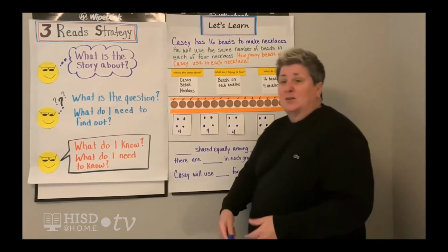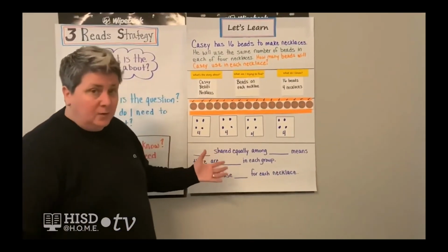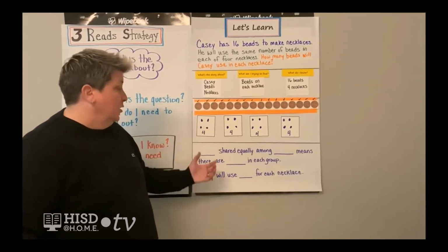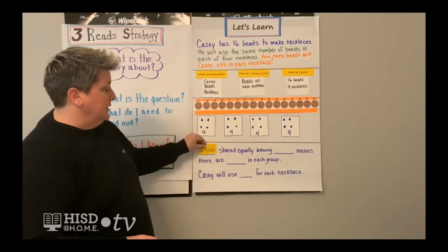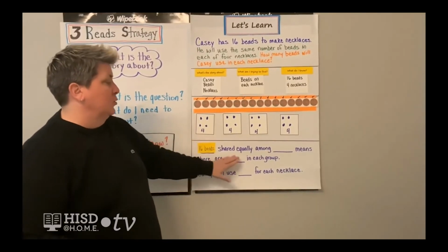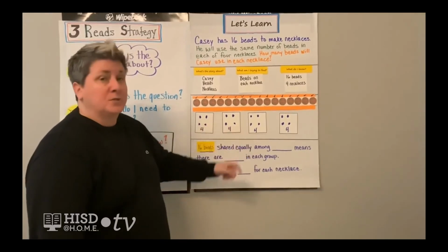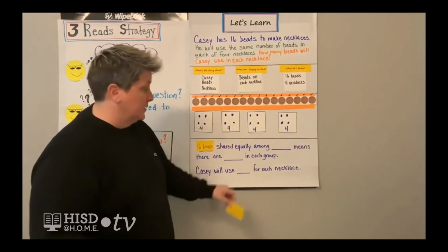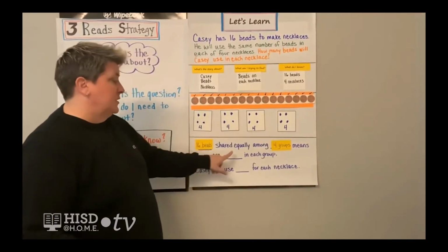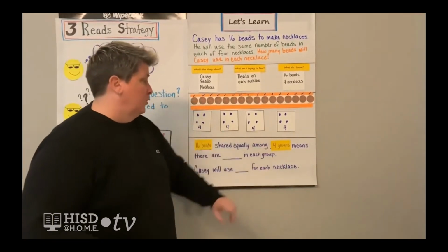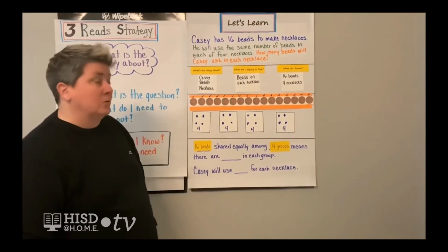So now let's take it one step further and let's describe what we just did. We know that Casey had 16 beads that were shared equally among how many groups? And our groups here would be our necklaces. Okay? So we know that 16 beads shared equally among 4 groups means there are how many beads in each group.